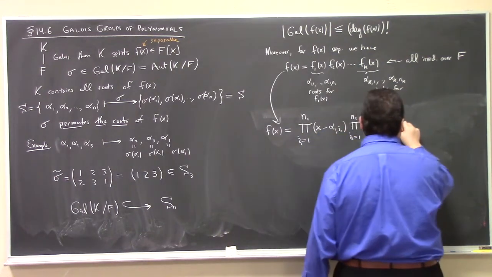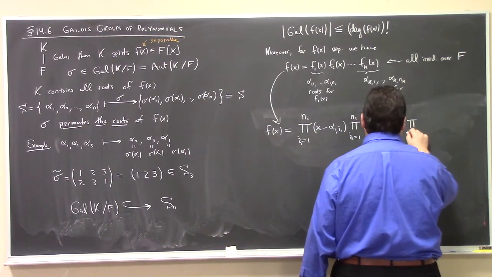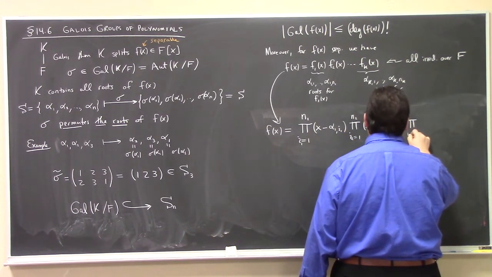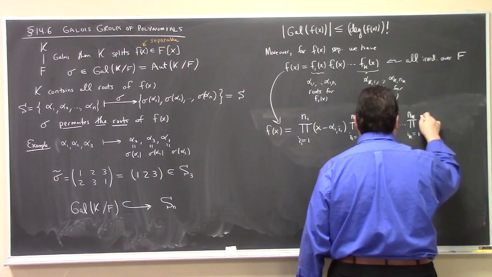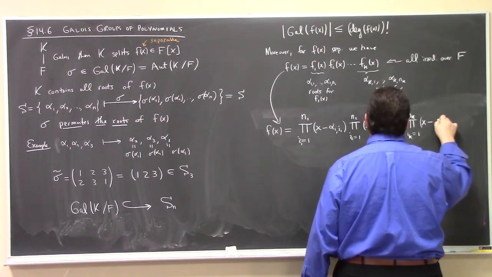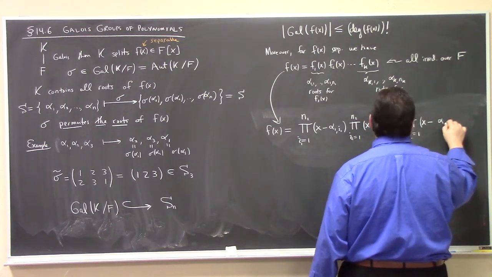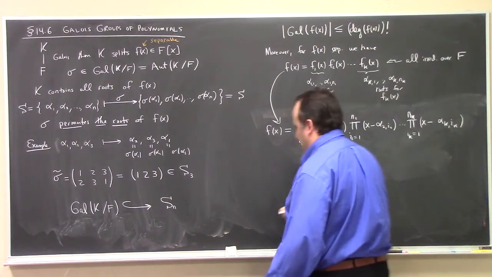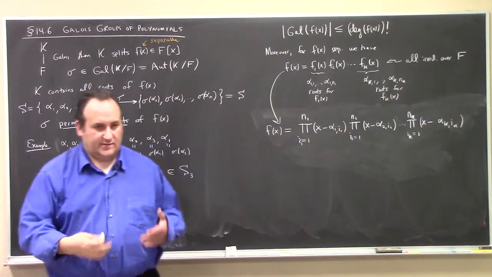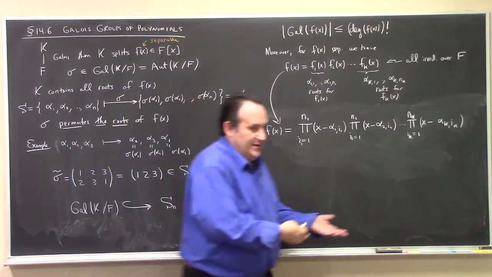And then the product, ik equals 1 to nk, pun intended, of x minus alpha k,ik. So this is what's happening in K of x.